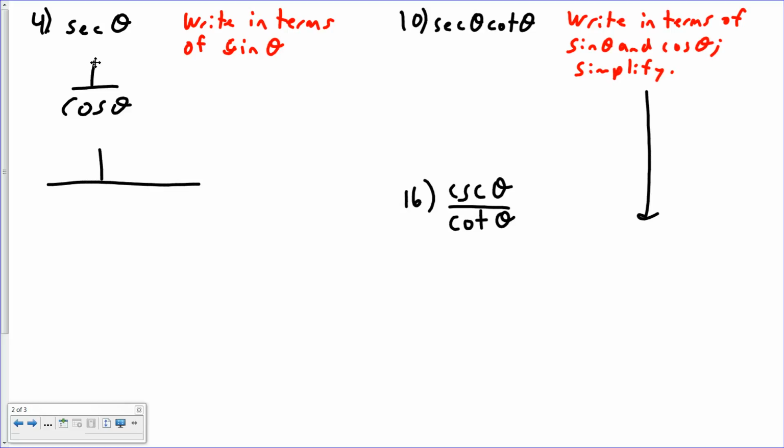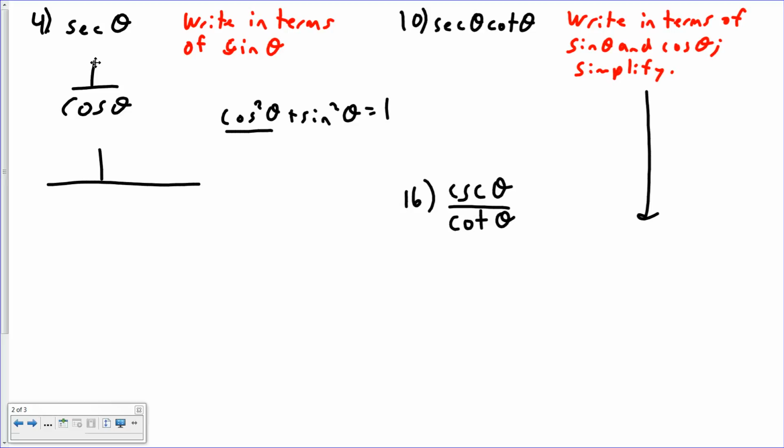Remember, the Pythagorean trig identity is cosine squared theta plus sine squared theta equals 1, which means if I solve it for cosine theta, I'm going to end up with 1 minus sine squared theta all under the square root, plus or minus.